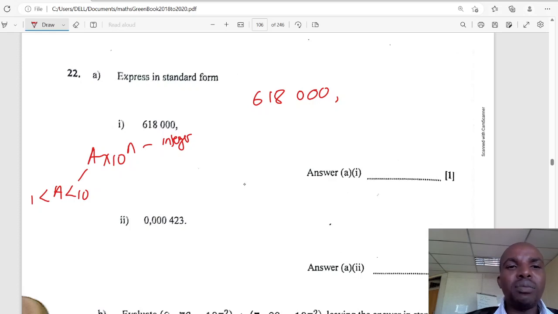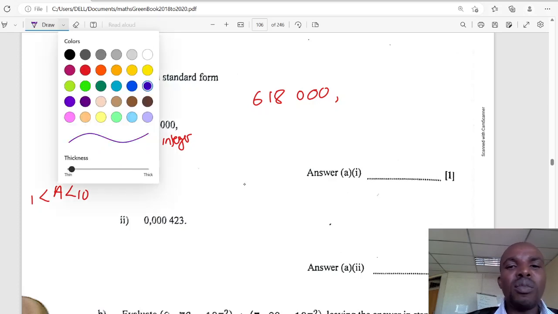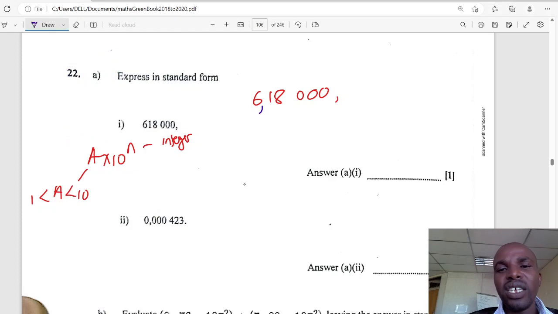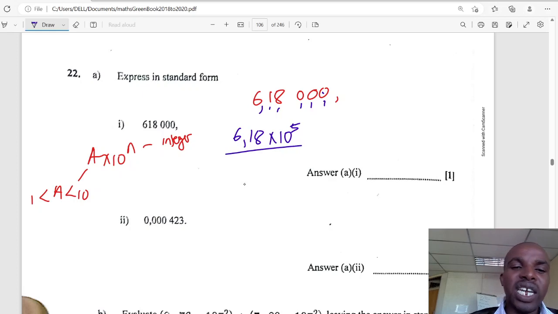For it to be a number between 1 and 10, it means your comma must be between 6 and 1. So you write 6.18 times 10 to the power, right? The number of decimal places that your comma jumped. So it jumped 1 value, 2, 3, 4, 5. The power 5, right? So this will be your answer. Done.